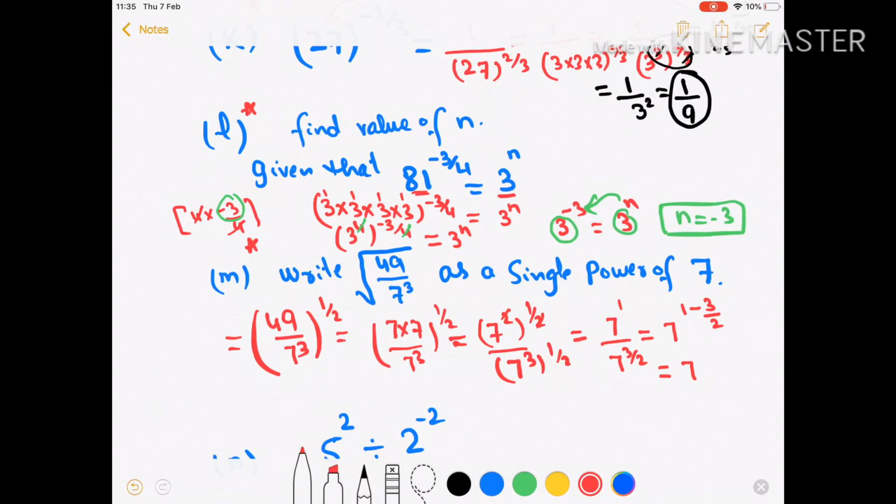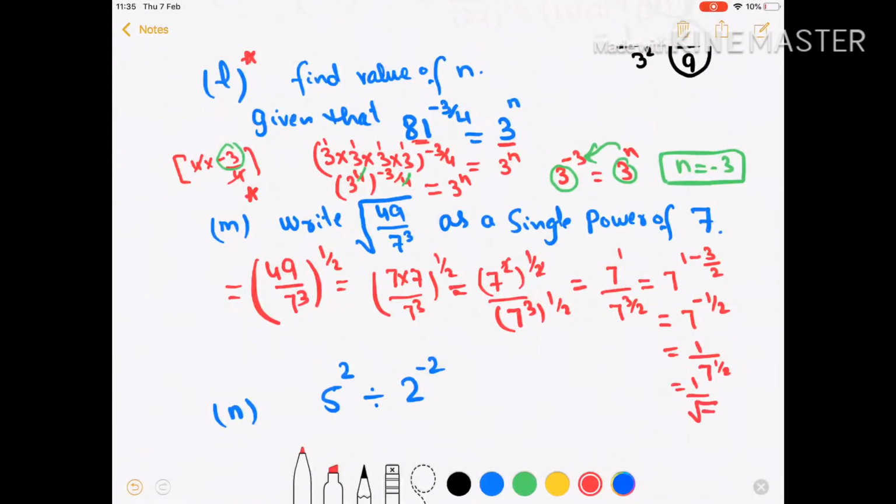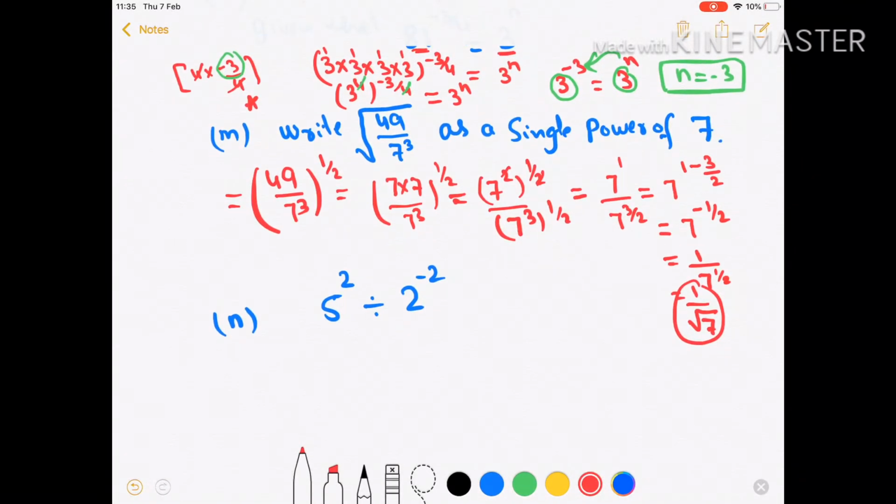So we are subtracting the powers, 1 minus 3 over 2. The answer will come 7 to the power minus 1 by 2. We want to make the power positive, change the position, and the answer will come 1 over square root of 7.